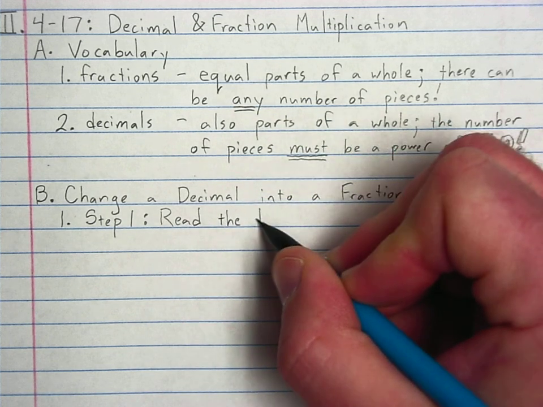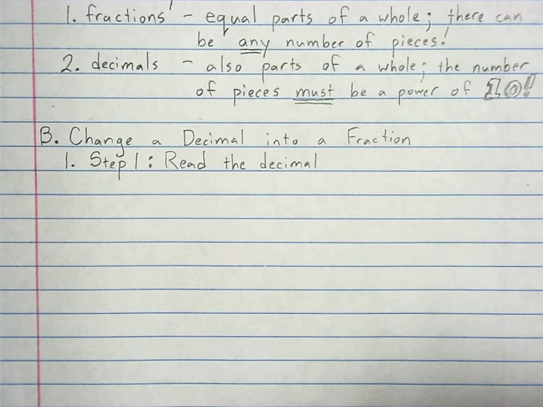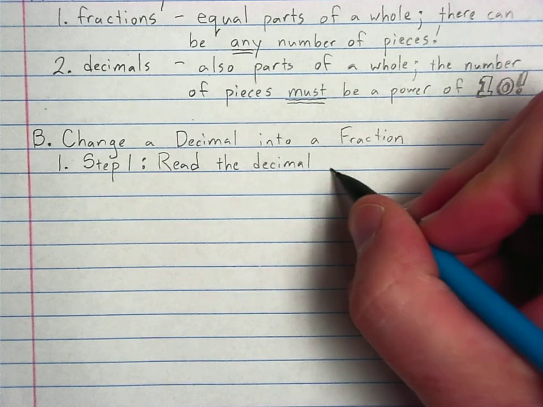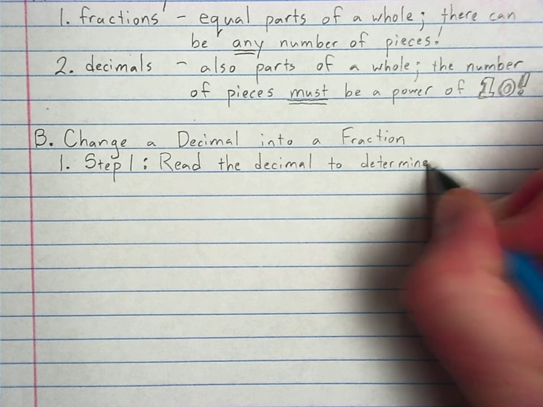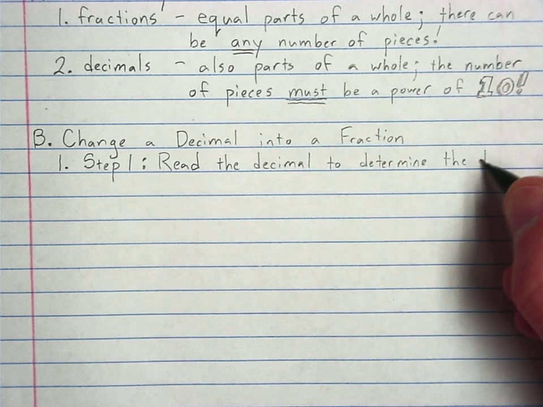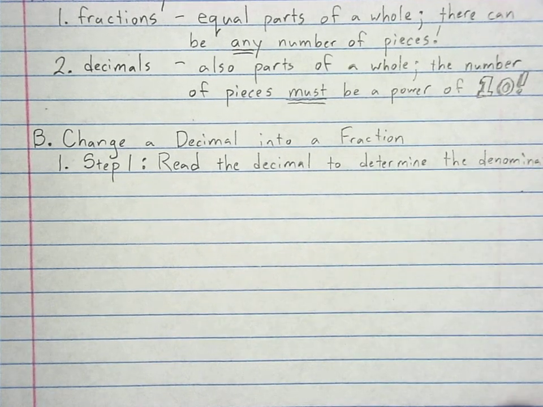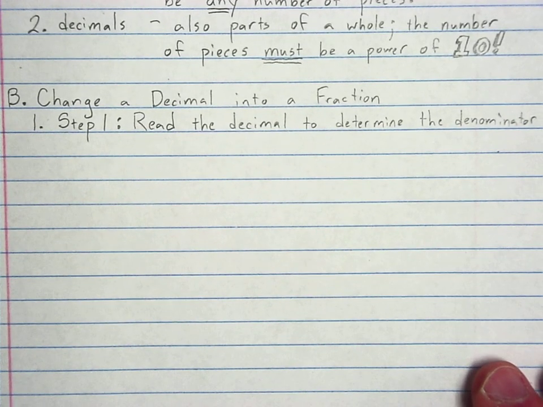I know that sounds silly, but a lot of us are to the point where we just kind of look at it and understand it. No, you need to read it correctly and not as 0 point something. Read the decimal to determine the denominator. That's a lot of D's in that sentence. Some alliteration happening right there.